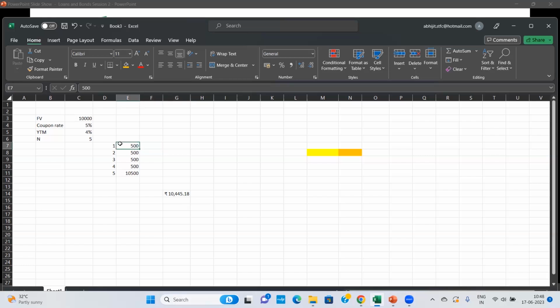If 500 is my interest for the entire year, for 6 months, how much is it? 250, right? So I have to add 250 with this. There is an accrued interest of 6 months, and this is my dirty price. So this is my clean price, and this is my dirty price.